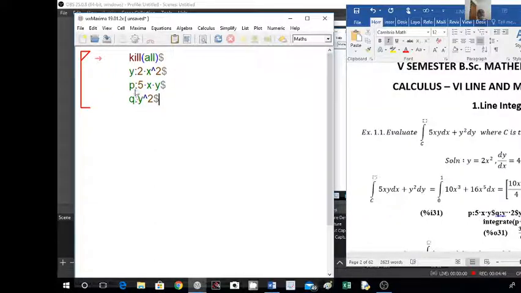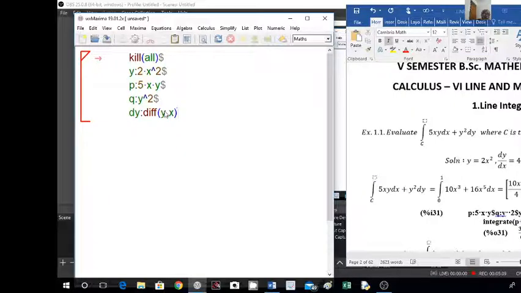So we have entered P, Q, Y, and then we find the differentiation of y. Let me denote this by dy. Dy is nothing but diff, the differentiation of y with respect to x, that is diff(y,x). This is my dy.